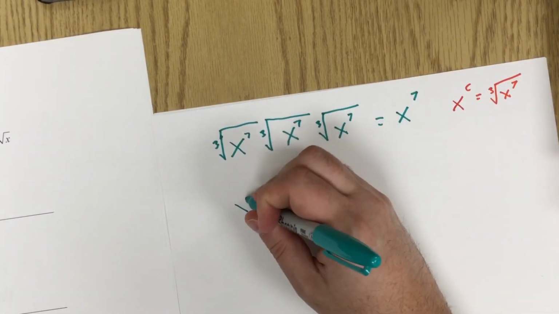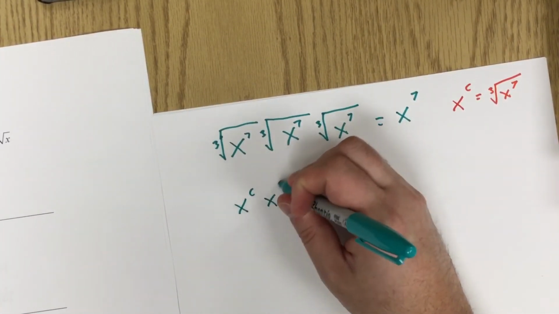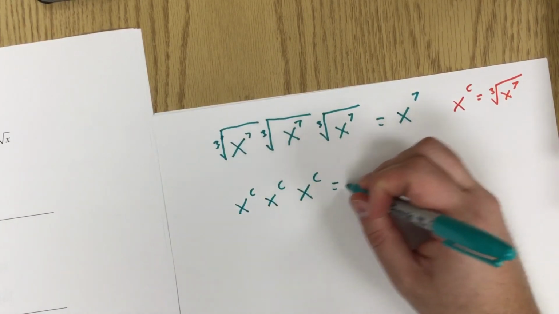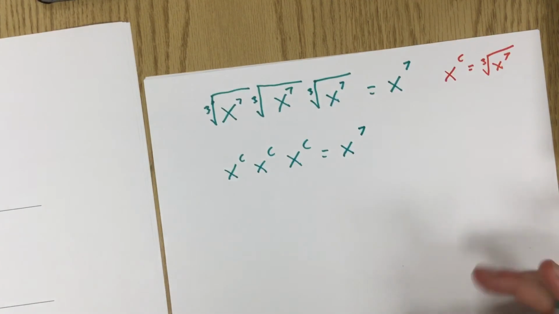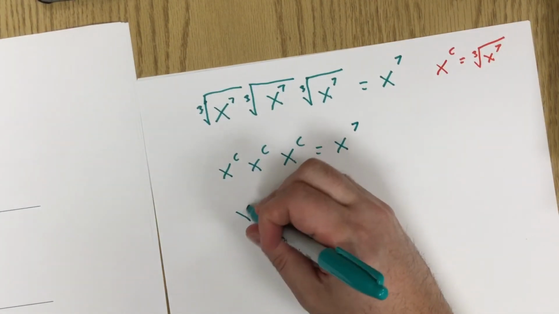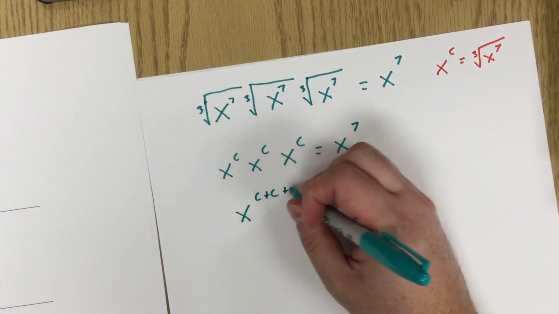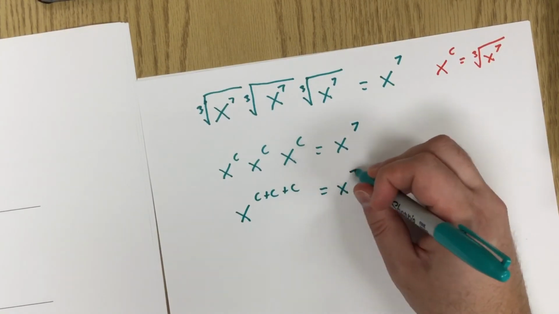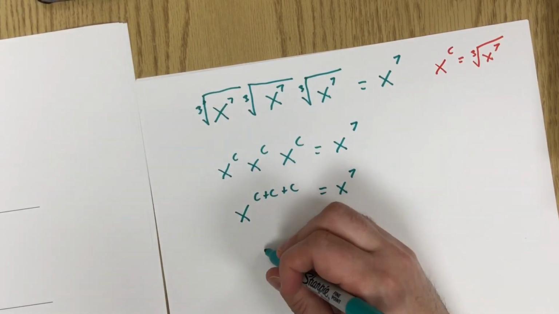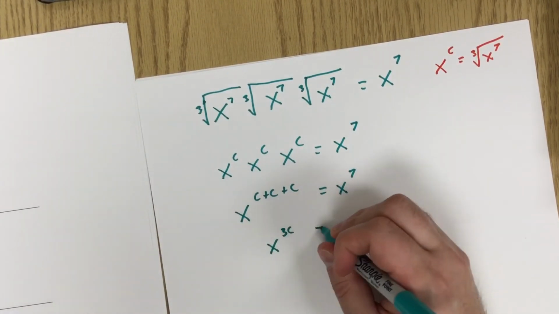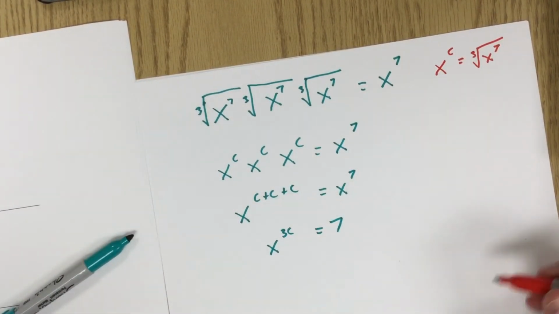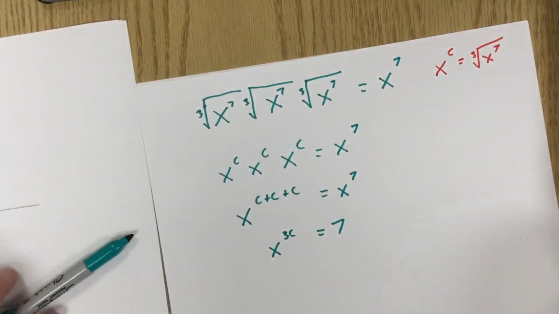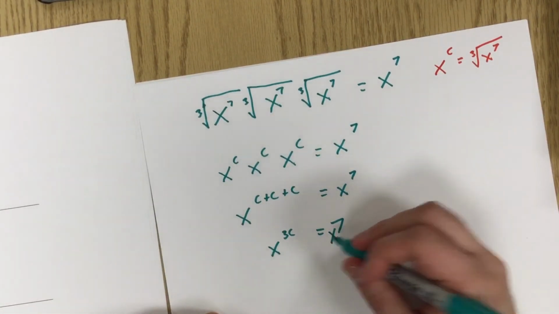So we're going to get x to the c times x to the c times x to the c equals x to the 7. So we're going to get x to the c plus c plus c equals x to the 7. So x to the 3c equals x to the 7.